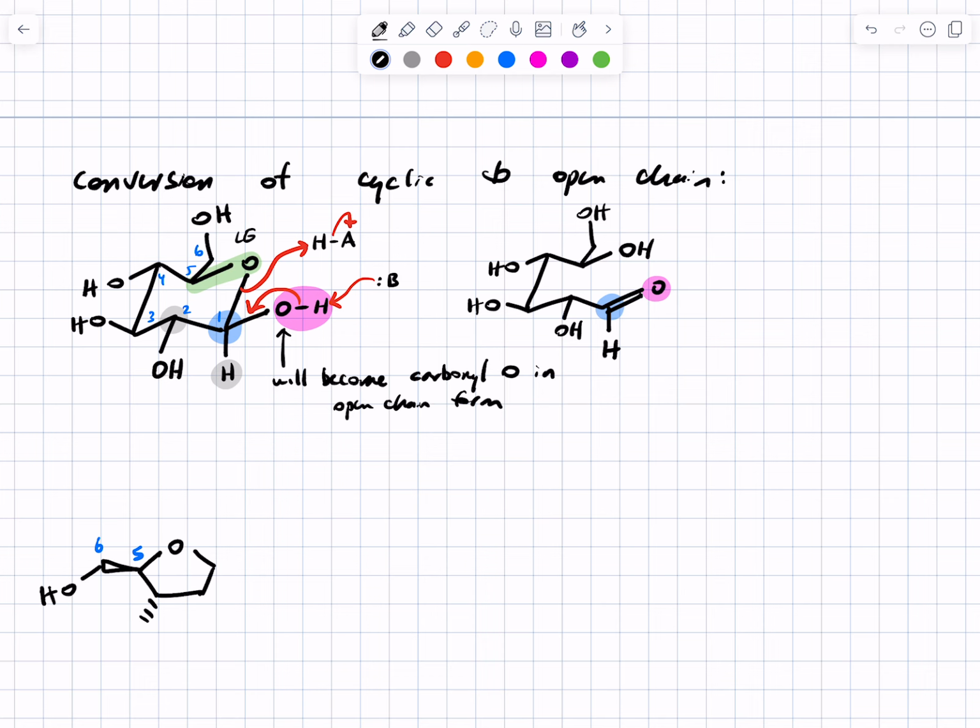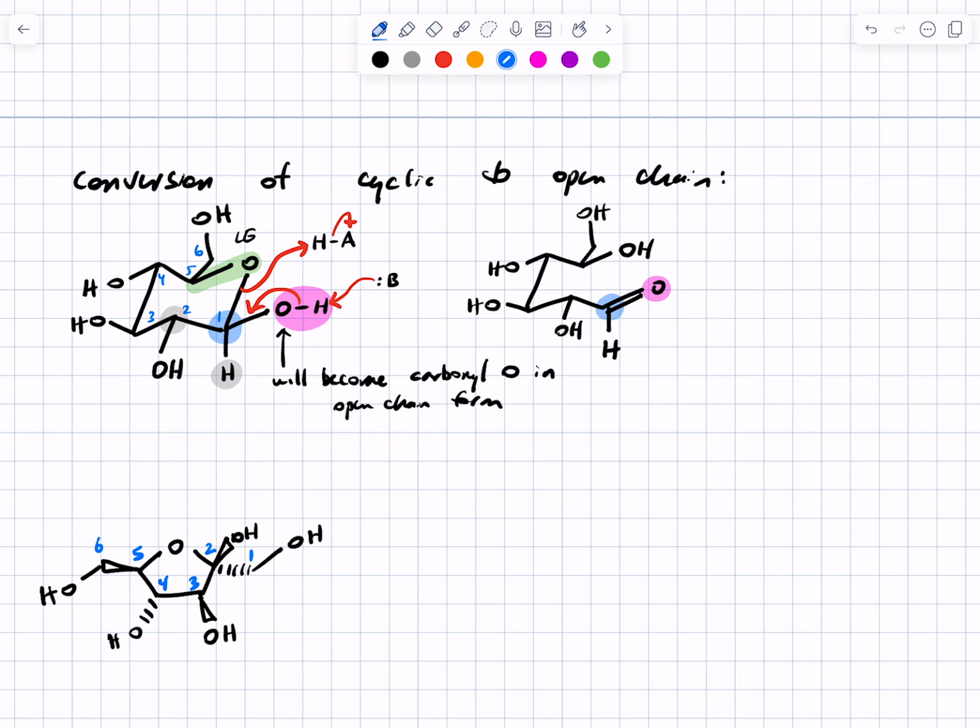And if you compare to how we've drawn glucose previously, you will see that C3, C4, and C5 have the exact same configuration in this carbohydrate that glucose does, with a major difference.